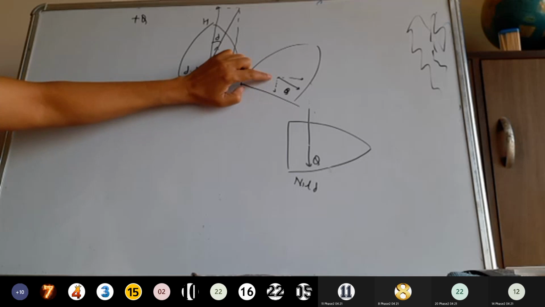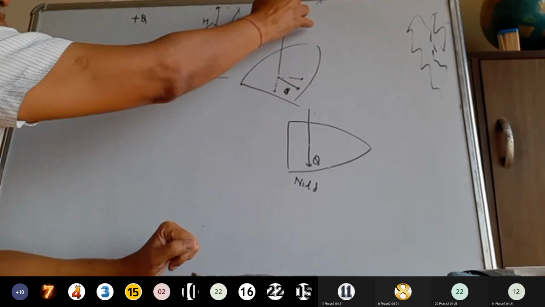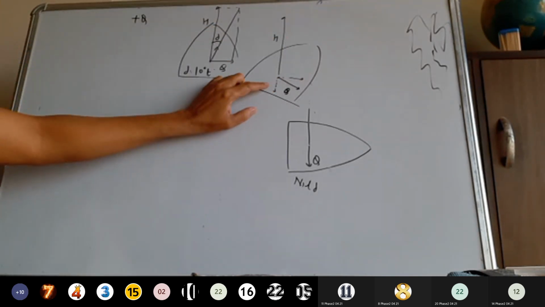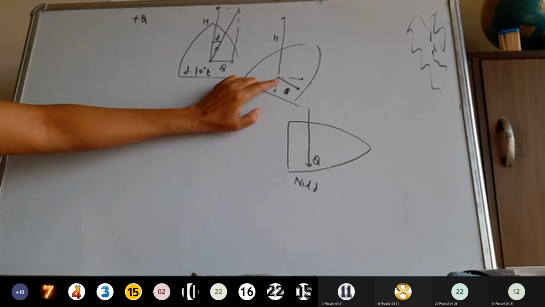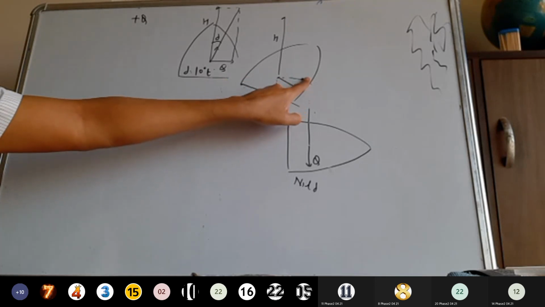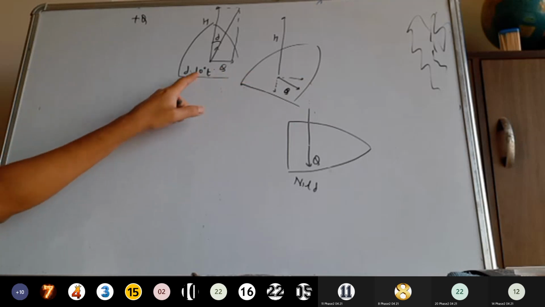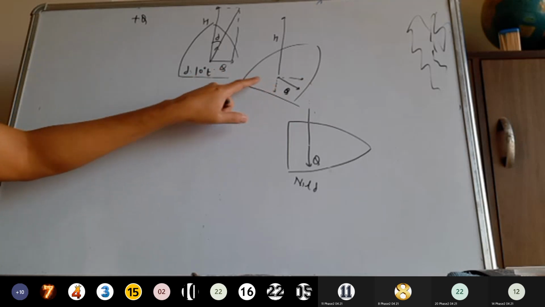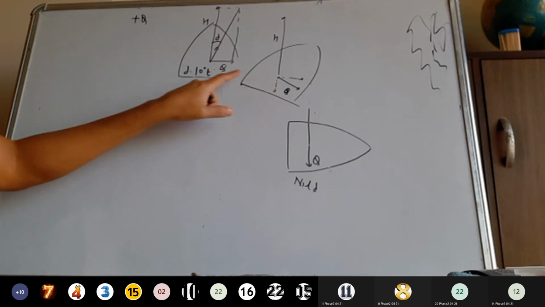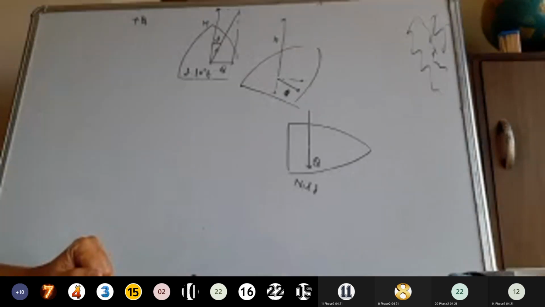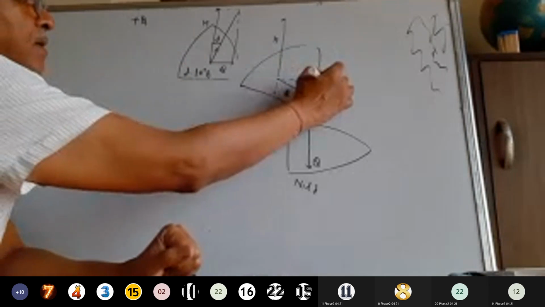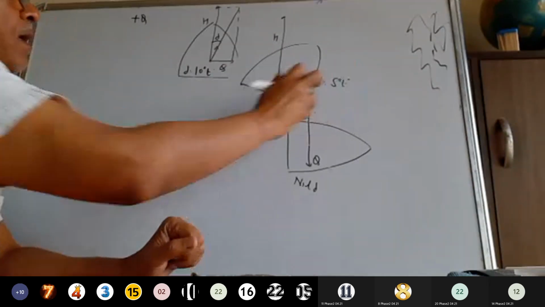So this southerly component is acting opposite to H. So this will not cause the deviation. This component will cause the deviation. So here the deviation will obviously be less than 10 degrees because only a component of Q is acting perpendicular to H. So here let us say the deviation becomes 5 degrees east.